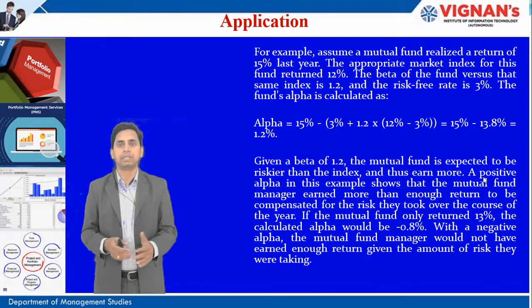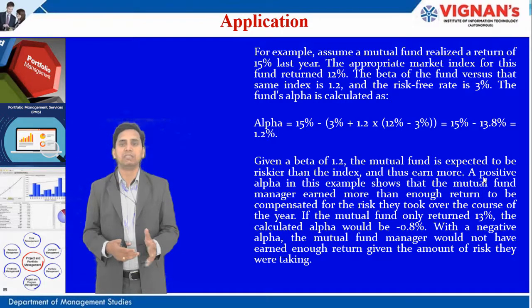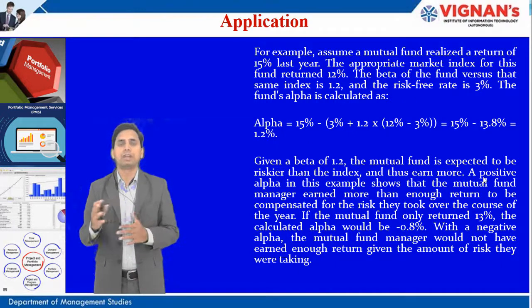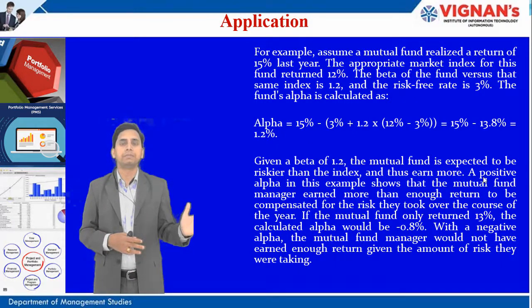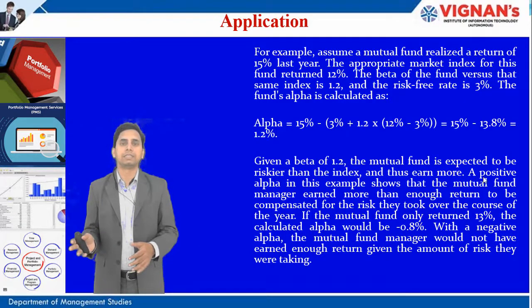So definitely, since it is riskier, it should earn more. So a positive alpha shows the mutual fund manager earned more than enough return to be compensated for the risk they took over the course of a particular period. So if the alpha is positive, the mutual fund has beaten the market and earned the excess return. That is what is to be observed from this.